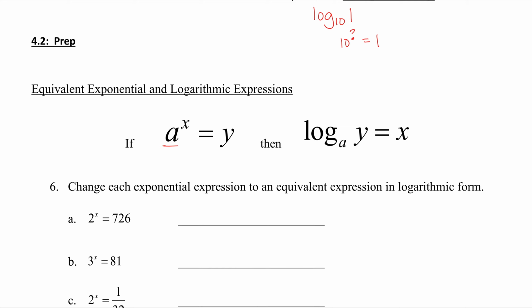If you have a base a in an exponential, it will be your base a in your logarithm. Your exponent becomes your answer, and your y, of course, is your log base a of y. So each part of these expressions coincides with each other. So we can actually rewrite an exponential equation as a logarithm.